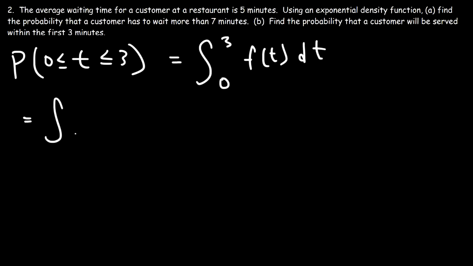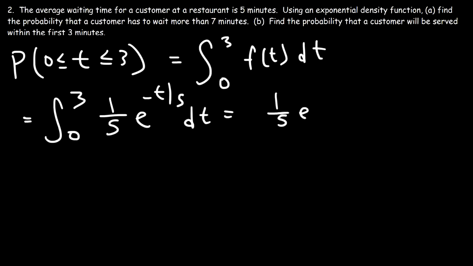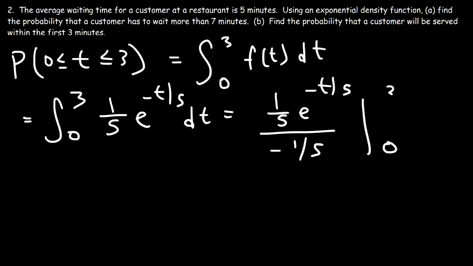And so that's going to be 1 over 5 e to the negative t over 5. So let's find the antiderivative just like before. So we're going to divide this by negative 1 over 5 and then evaluate it from 0 to 3.